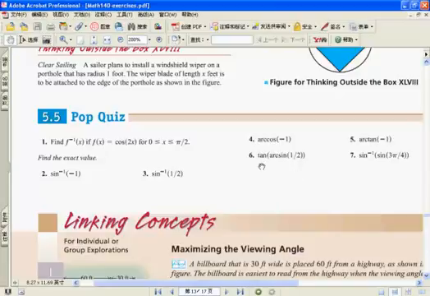Now let's look at number 6. This is the composition of two trigonometric functions. First, let's get the arc sine of 1/2, which is equal to pi over 6, right? And then tangent of pi over 6 is equal to what?